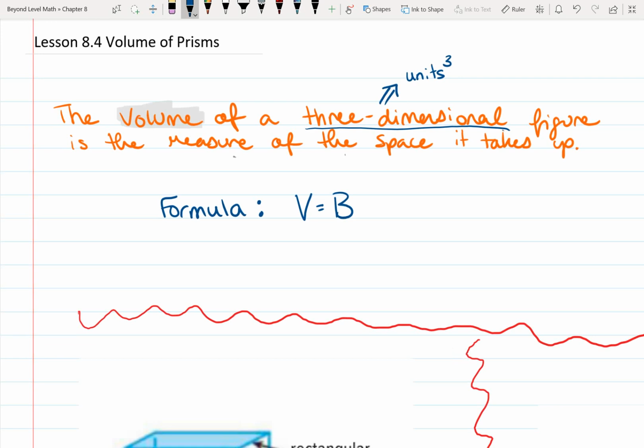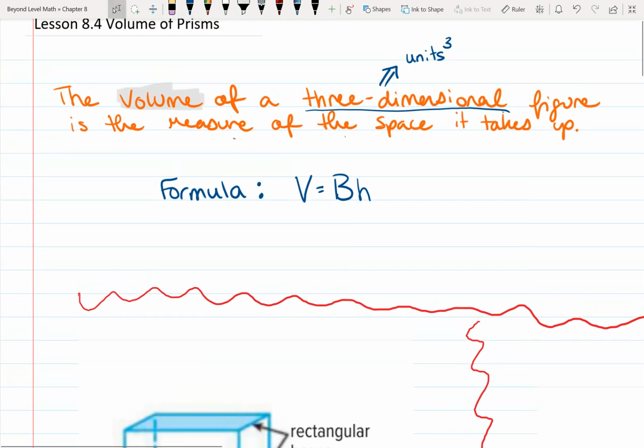So keep that in mind. The formula for any prism: V equals capital B times height. This capital B, instead of a lowercase b that just means base, means area of the base.